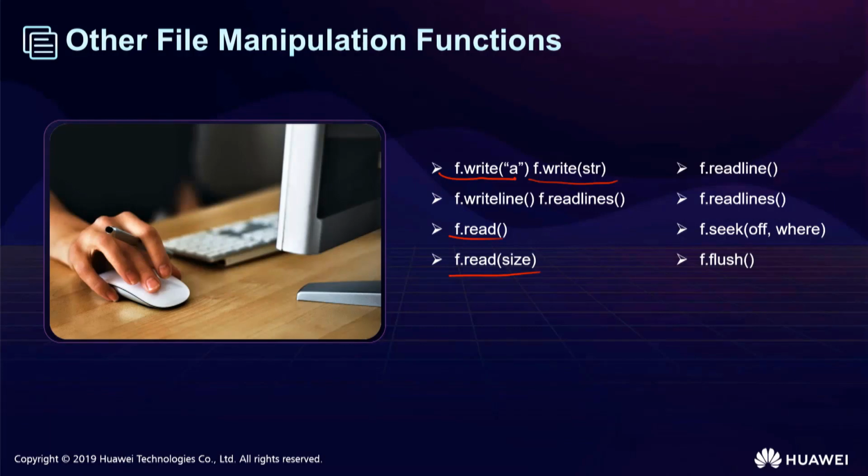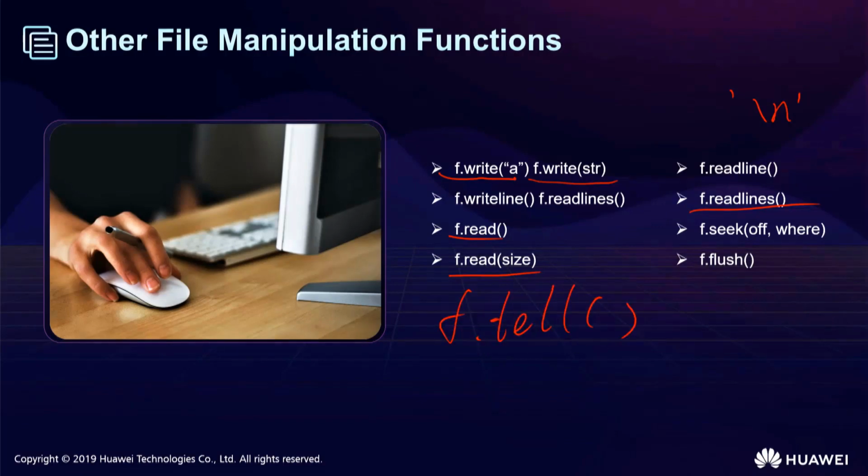Readlines and read all return a list, and each element of the list represents a row containing the newline character.